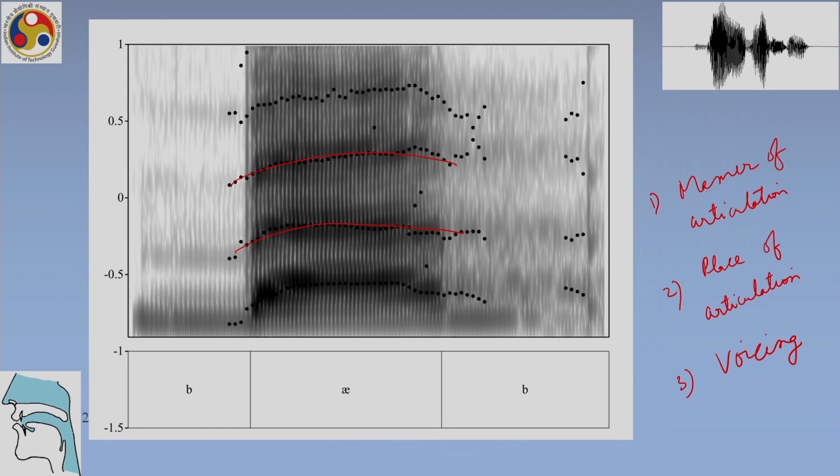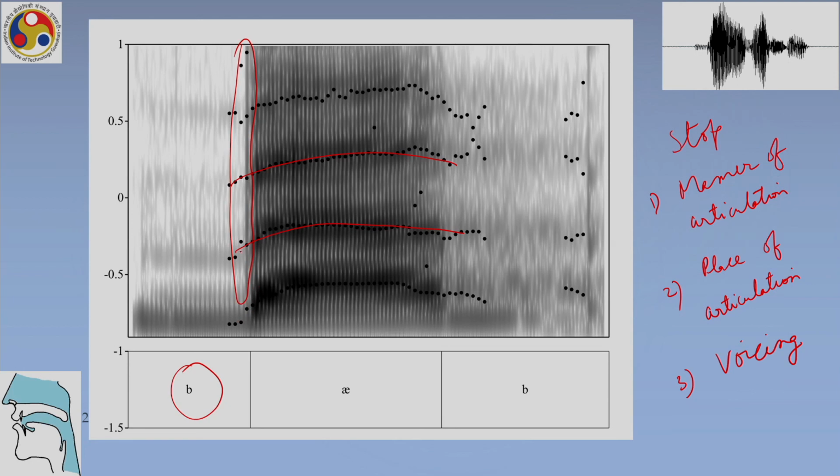What is the manner of articulation of a consonant like B? It is a stop. What do stops involve? Complete closure and release. This is the burst spectrum that we are talking about when it comes to stops. The release is released as a burst here that you see.